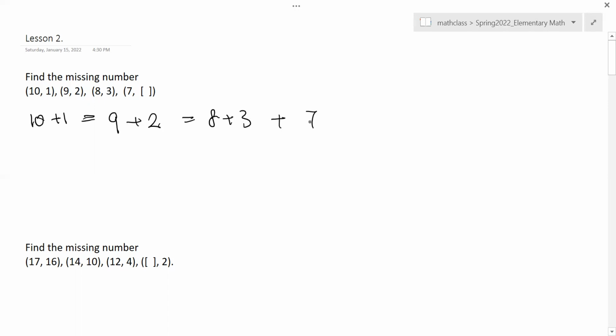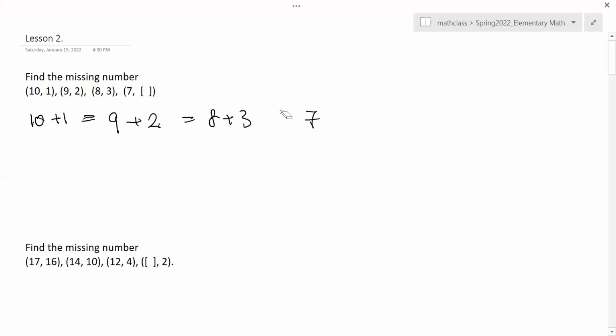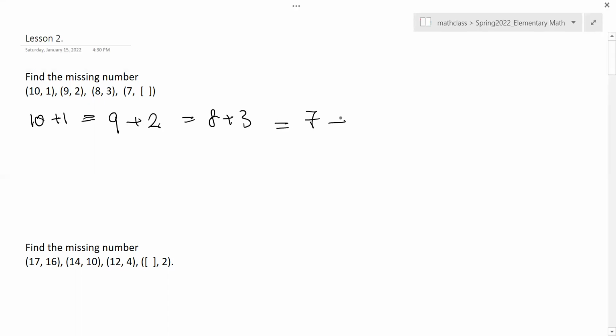So 7 plus some number should be equal to 11, and clearly that number is going to be 4.